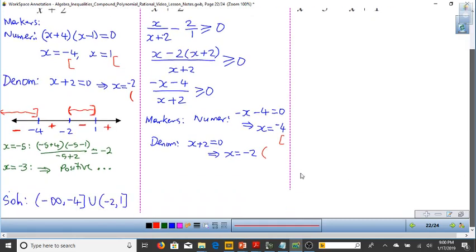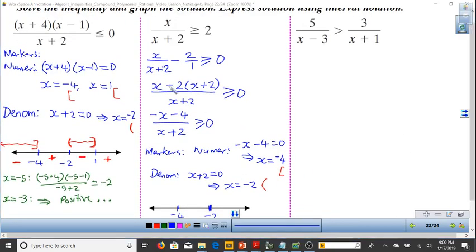And so I draw my number line, I put my two markers, and I check my values. My first marker on the left is -4, and on the right is -2. A number to the left of -4 would be -5, and I plug in -5.